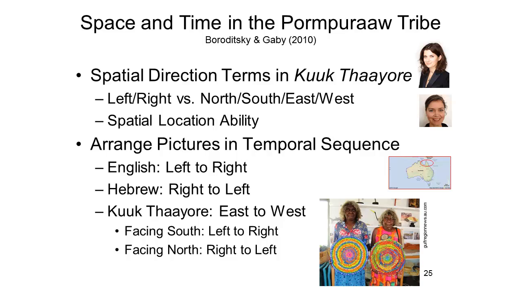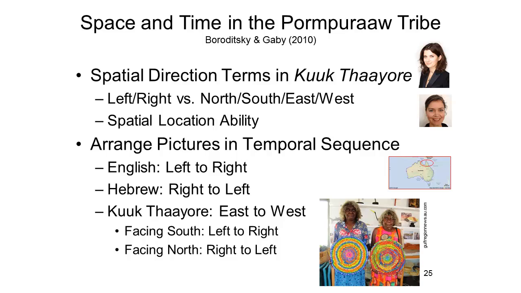There's an Aboriginal group called the Pormpuraaw who live in the Cape York region in northeastern Australia and speak a language called Kuuk Thaayorre. These people have an unusual way of referring to direction. In English, we would use such terms as left and right, front and back. But in Kuuk Thaayorre, the Pormpuraaw refer to the cardinal directions of north, south, east, and west.